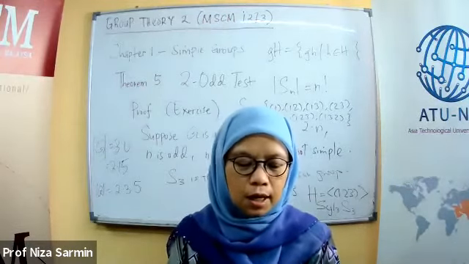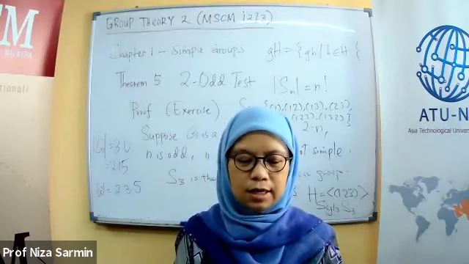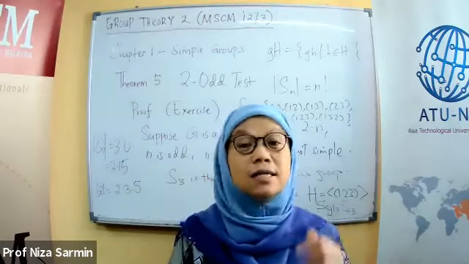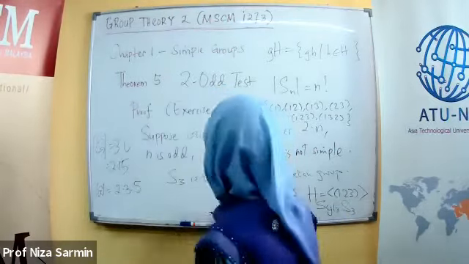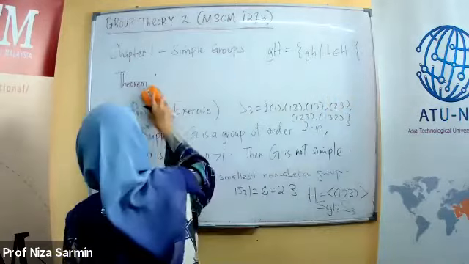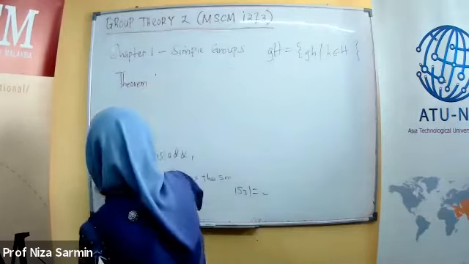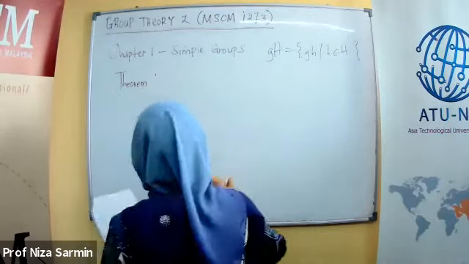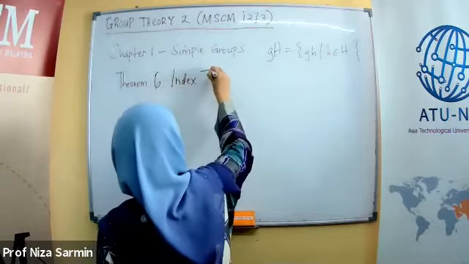Okay. The last thing that I want to do today is the last theorem for today. So many theorems. Now, first day already 6 theorems, right? Okay, which we call the index theorem.